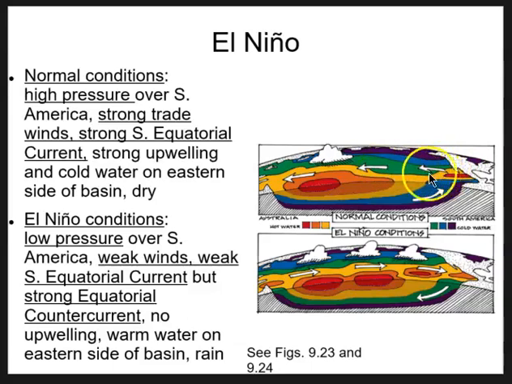The water is moving away from the eastern side of the Pacific Ocean at the equator. And so because water is moving away from the coast, we end up with upwelling. Now during an El Nino, the water moves in the opposite direction. So it's running into the shore. And because it's running into the shore, that results in downwelling.